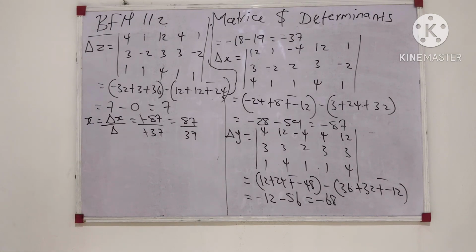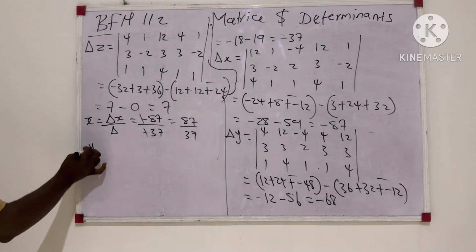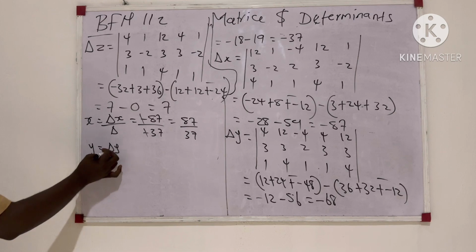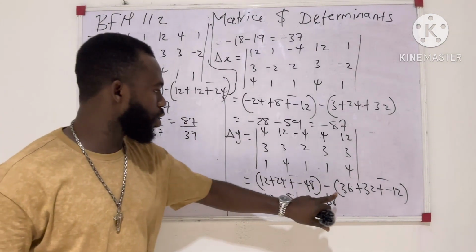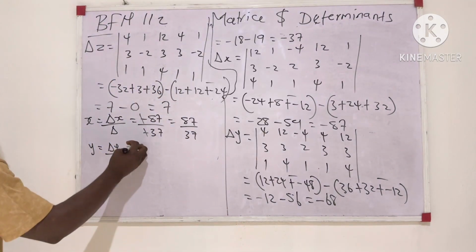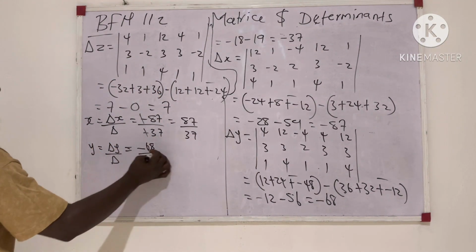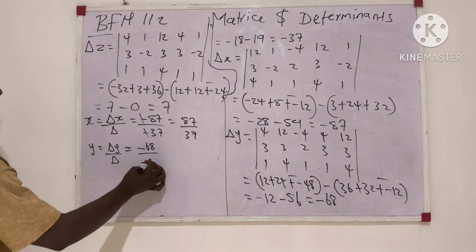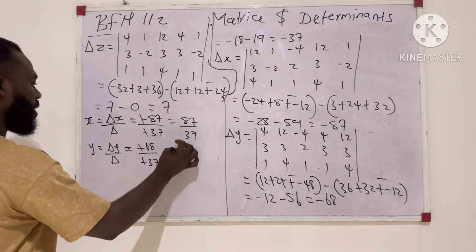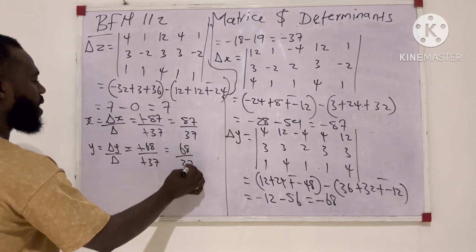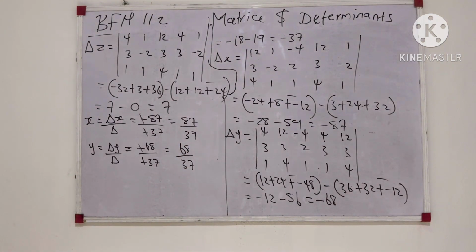Alright, good. So let's go to Y. Y is change in Y over change. Now, change in Y we got was minus 68. Our change is minus 37. Now when minus returns to us minus, what do we still have here? 68 over 37. You can actually cancel out, right?